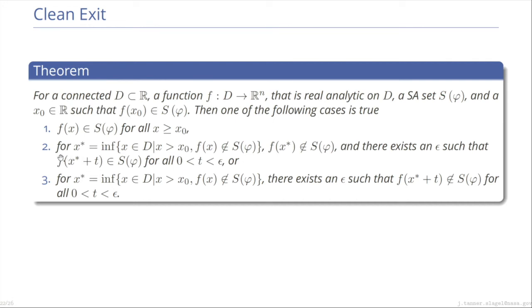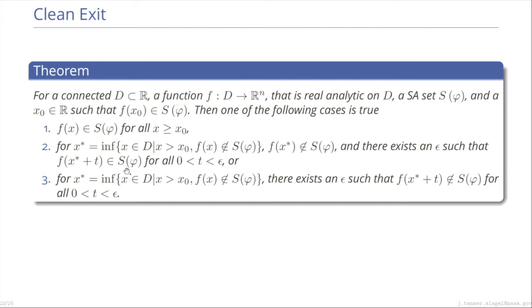The other two cases are talking about what happens when the function leaves the semi-algebraic set. So if you take x star to be the infimum of all the moments that f is not in the semi-algebraic set, if f is not in the semi-algebraic set at that inf, so in other words, you can replace the inf with a min, then there is some epsilon such that f is in the semi-algebraic set for all moments directly after x star.